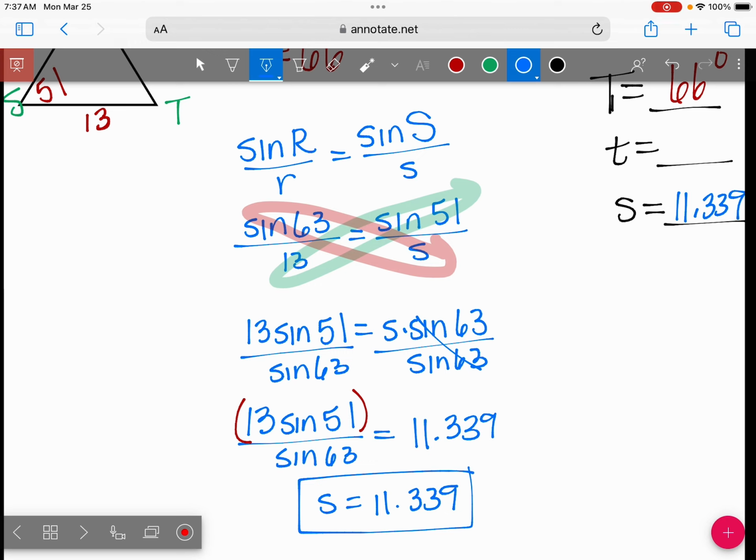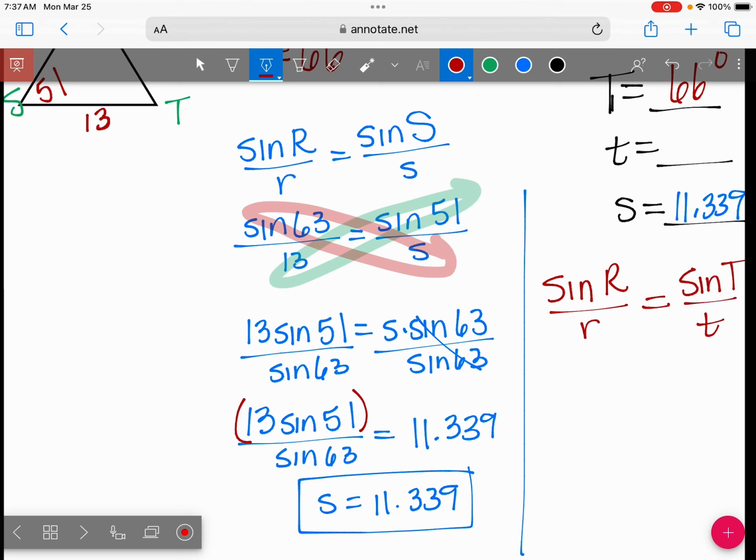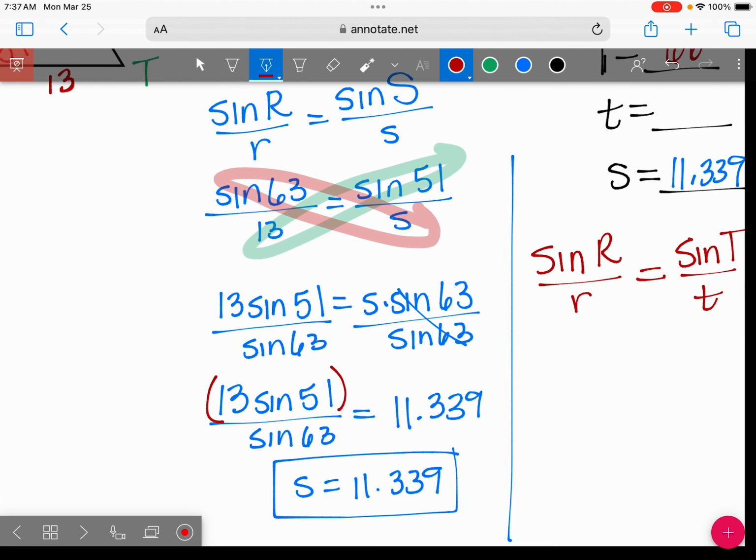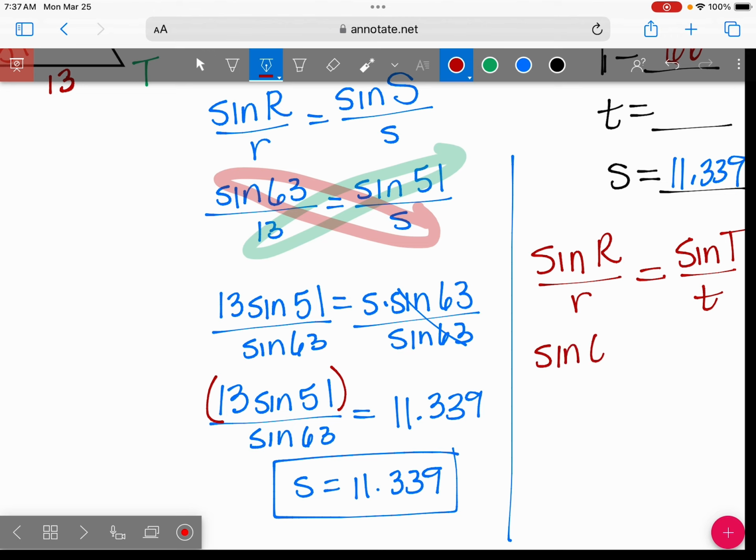All right, so now let's find little t. To find little t, I'm going to use the sine of big R over little r, and that's going to equal the sine of big T over little t. So that would be the sine of 63 over 13, and that equals the sine of, what's T? 66 over little t.